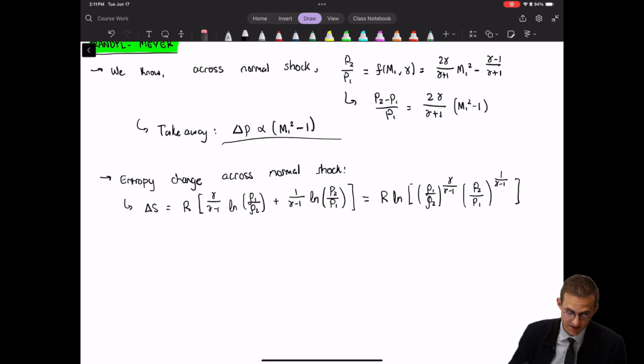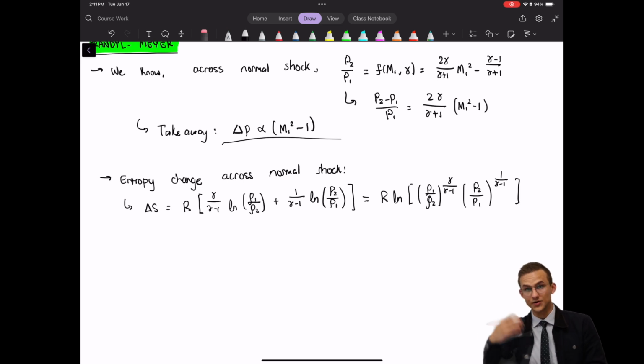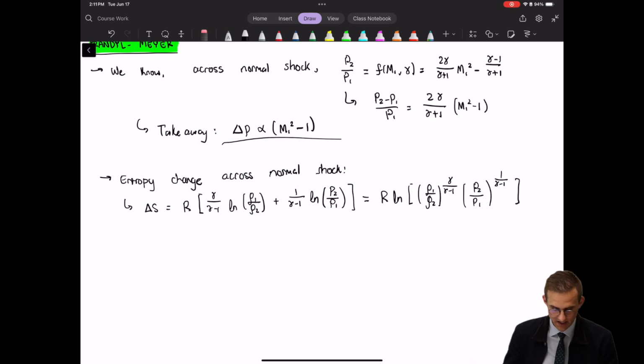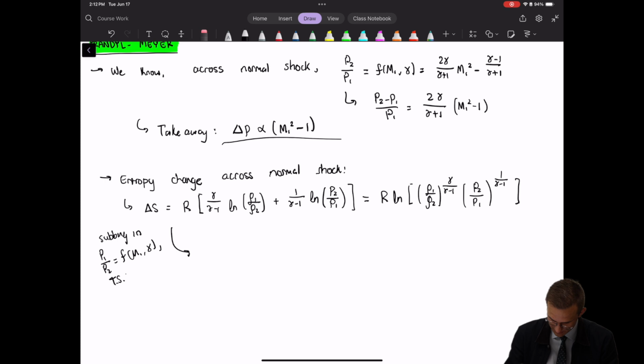And if we sub those relationships in and perform some algebraic manipulations, including a Taylor expansion, then we obtain the following. So in this step, we're subbing in the P1 over P2 being some function of M1 and gamma, and then we're doing a Taylor series expansion and algebra. So lots of steps omitted here.